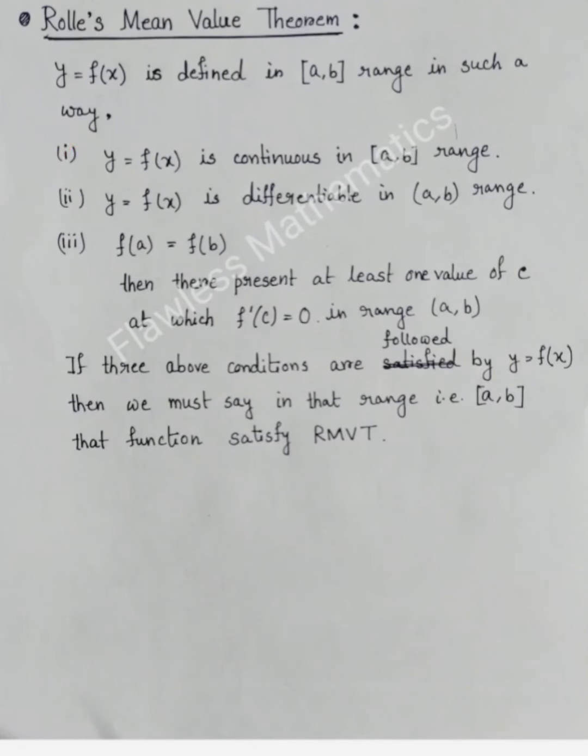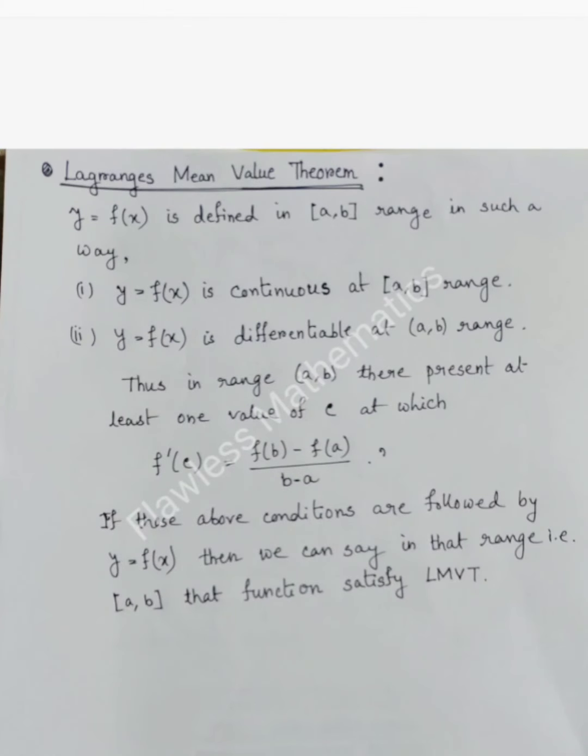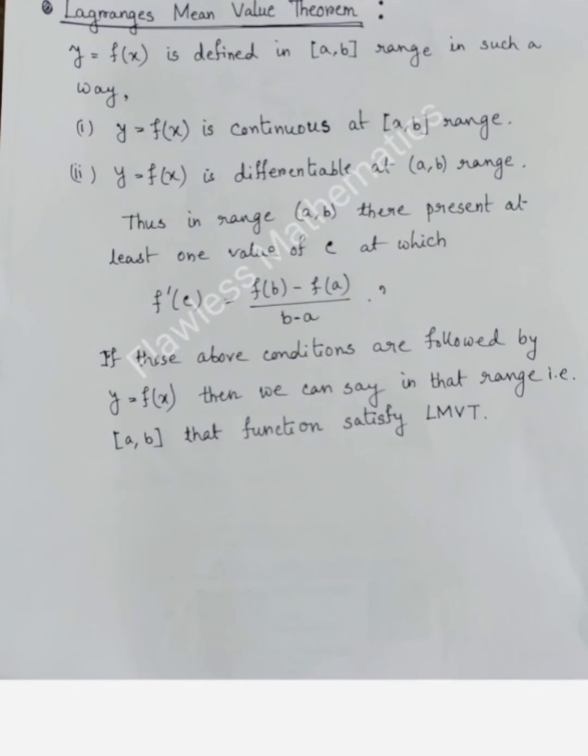Now let's move to the next theorem, that is LMVT. The full form of LMVT is Lagrange's mean value theorem. There are also some conditions. y equals f of x is defined in a similar way on a comma b, in such a way that, first of all, y equals f of x is continuous in the closed interval a comma b.